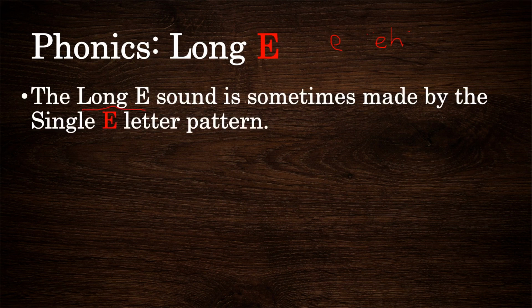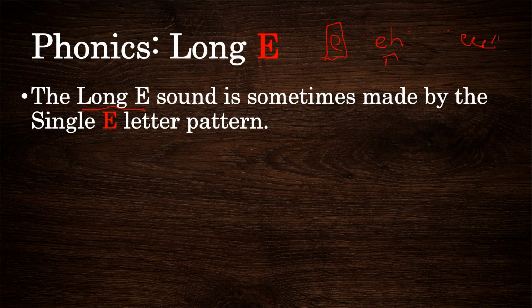The long E sound is sometimes made by the single E letter pattern, just like we discussed before. Sometimes instead of a single E making the eh sound, it can make the ee sound.